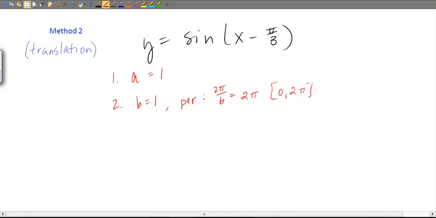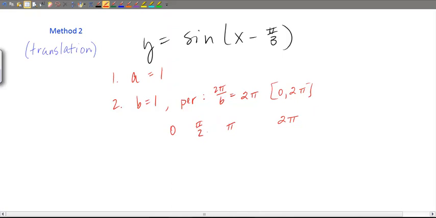Now I'm going to take this interval and break it up right away. We know that this breaks up into 0 and 2 pi. Halfway in between 0 and 2 pi is going to be pi. Halfway in between 0 and pi is pi over 2.